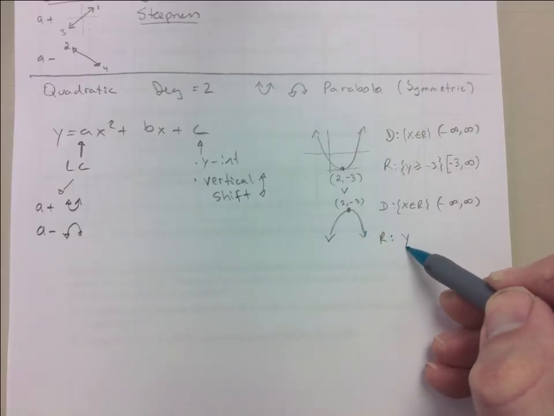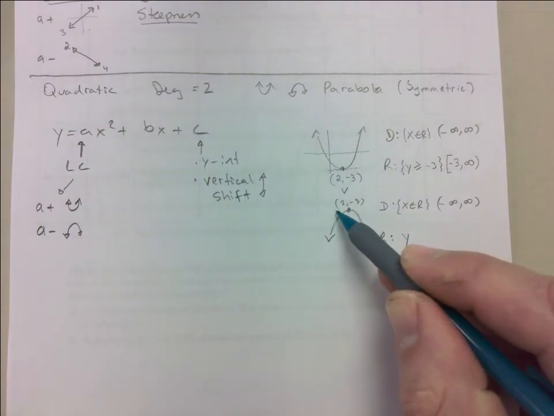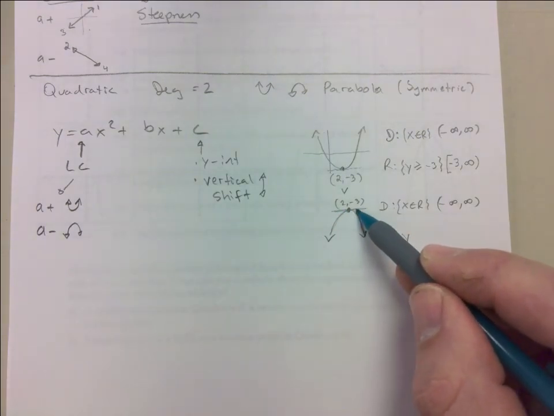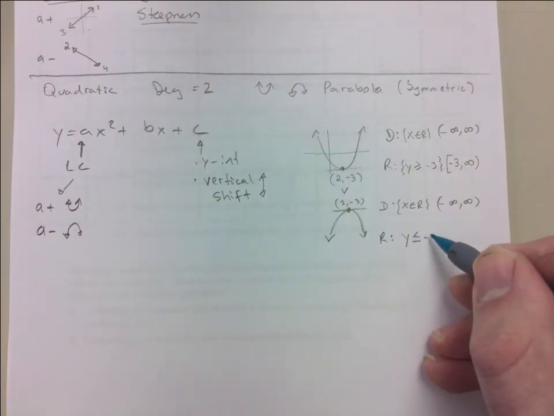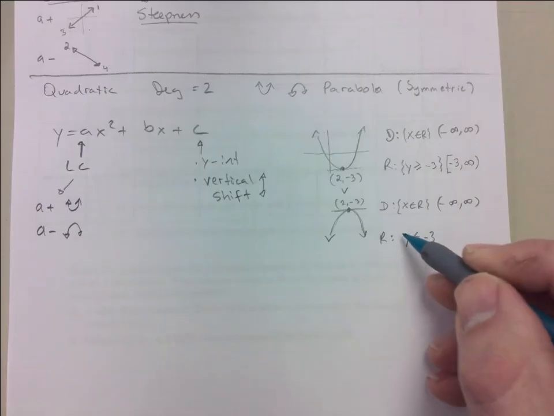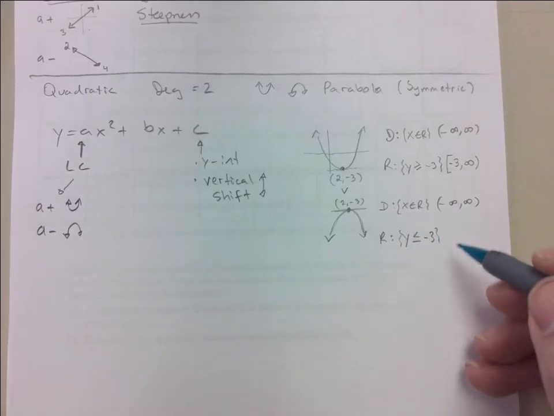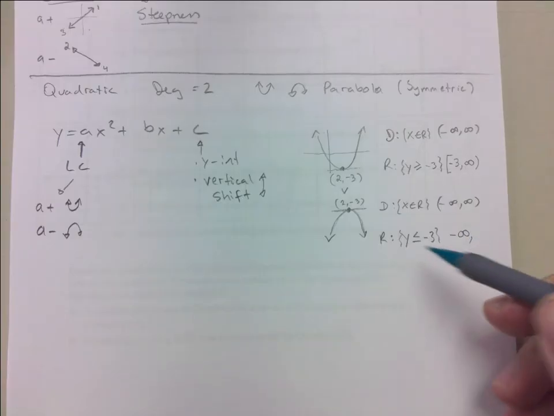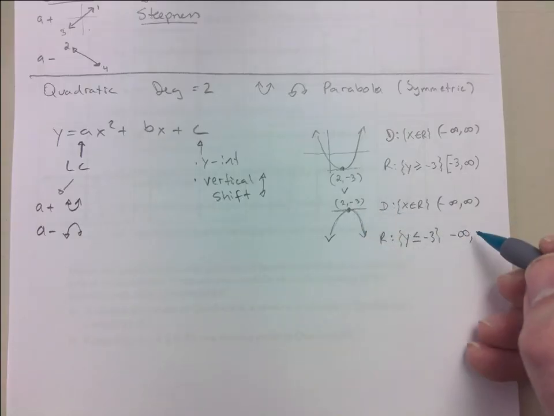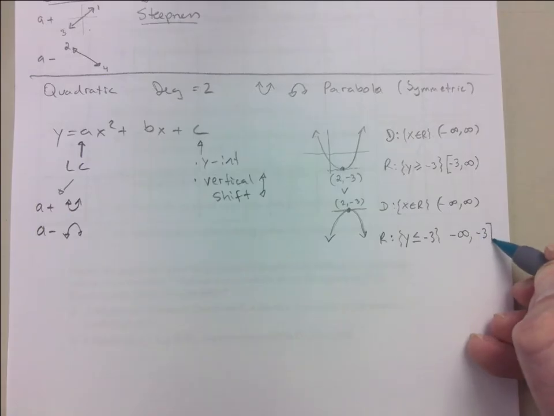So the only y values that we accept would be -3 or less. So y is less than or equal to -3. Or, if you want interval notation, it goes from -infinity all the way to -3.